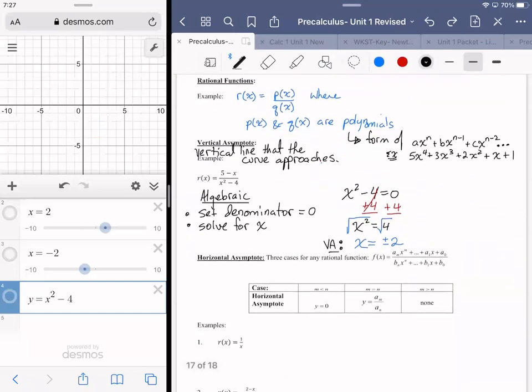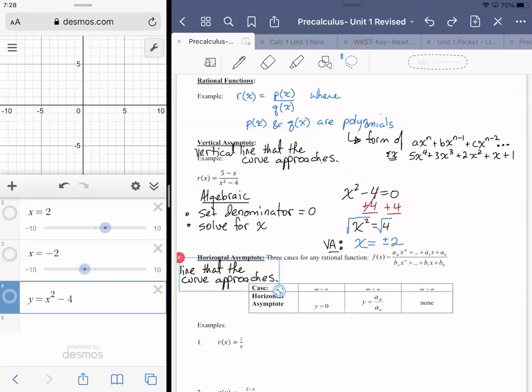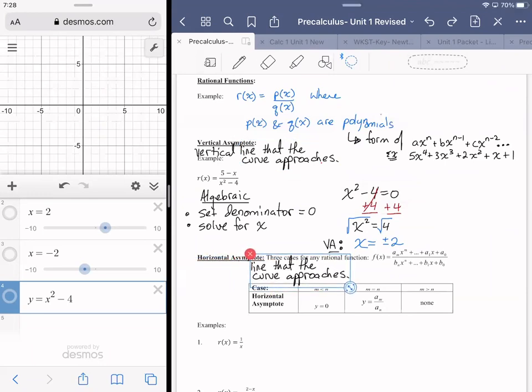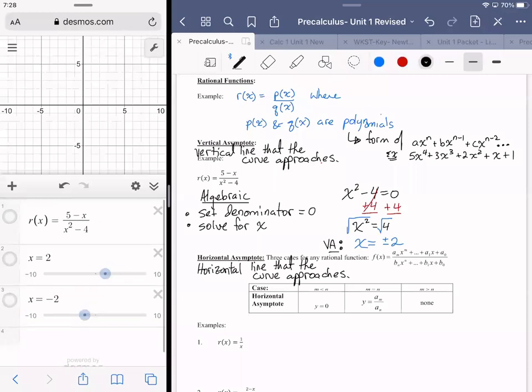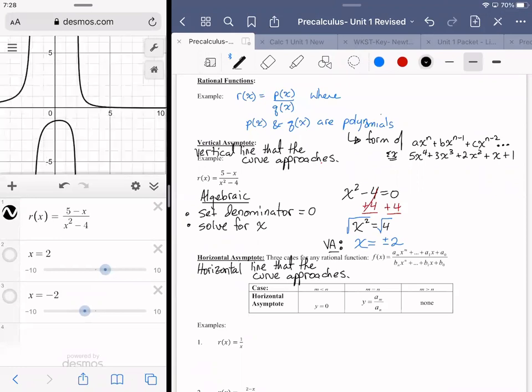Now the other type of asymptote would be a horizontal asymptote. And you guessed it, it's the horizontal line that the curve approaches. We got some fun rules for that one. But oftentimes, you could just pick it out by looking at it. Like, for example, if I tell you that this function approaches a horizontal line somewhere, you look at it and say, oh, I wonder.